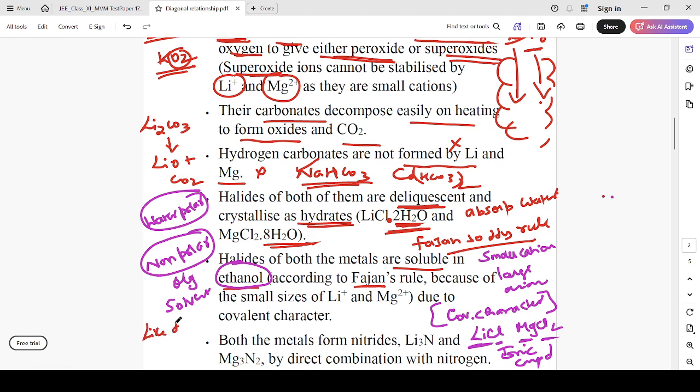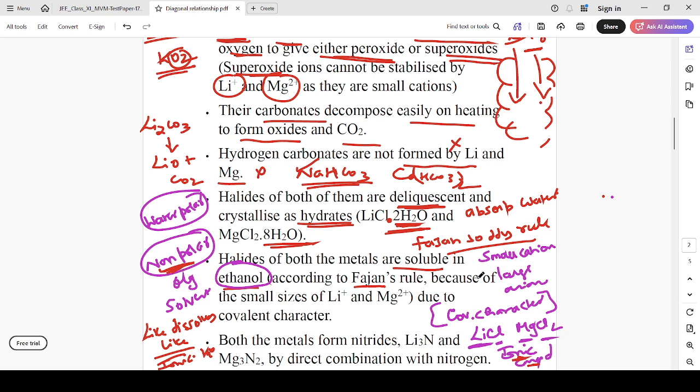Like dissolves like. If it is ionic, it should be soluble in water, like sodium chloride. But this is not soluble in water. Instead, it dissolves in a non-polar solvent. We are finding out why.